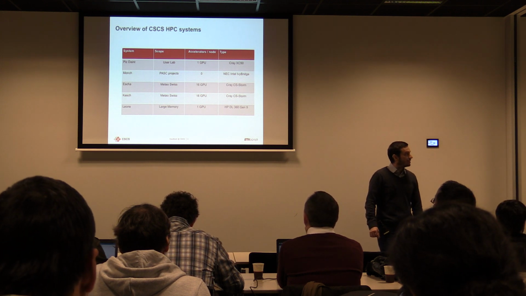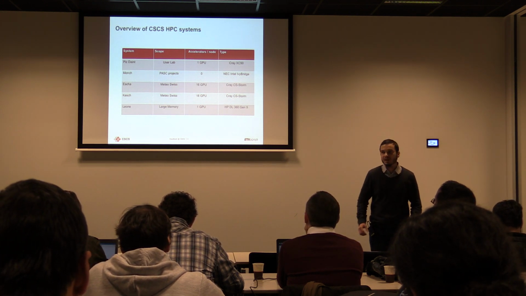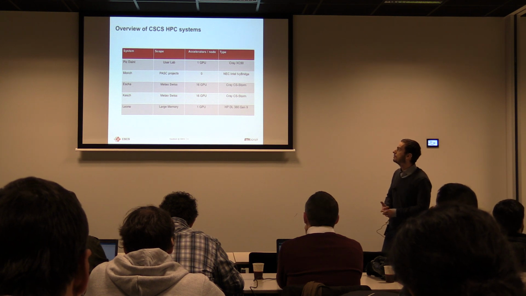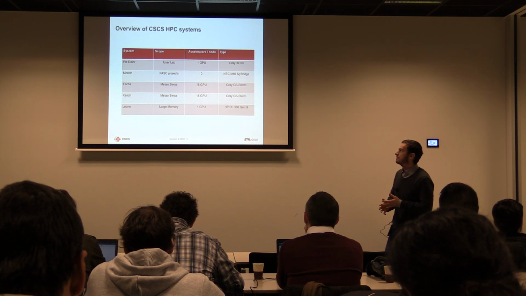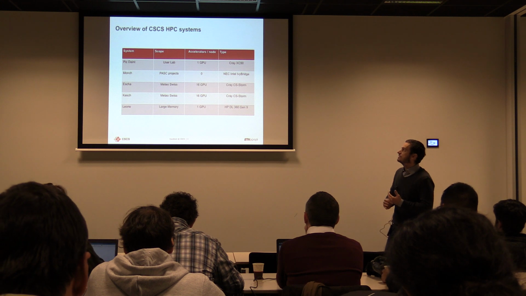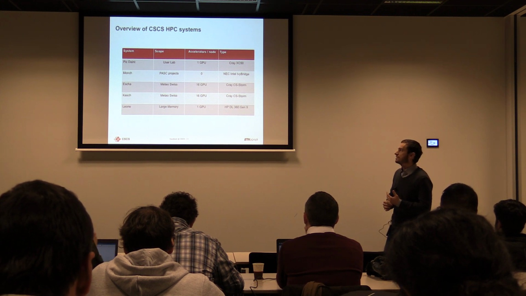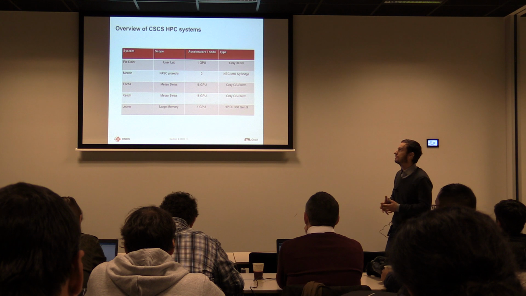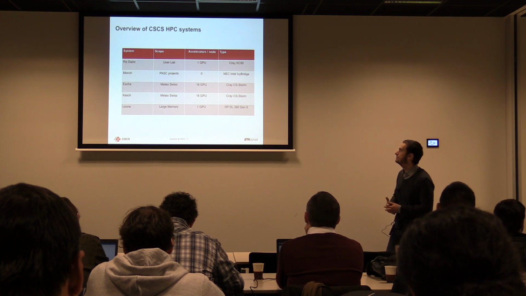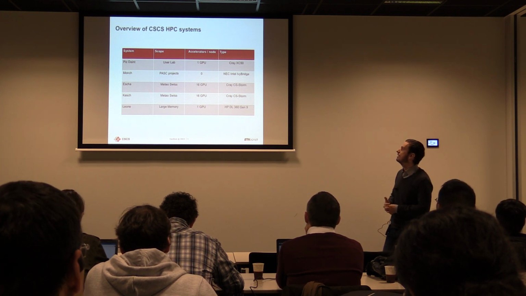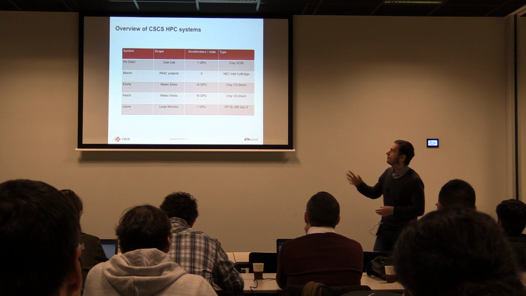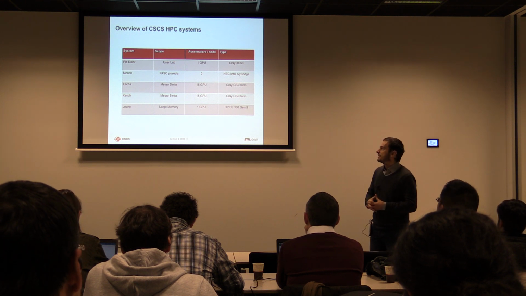Just to have an overview of the systems that we have at CSCS and the scope. So our flagship system is Pezzi. It's a hybrid, heterogeneous system, with one partition with accelerators, so GPUs, and one partition with only Broadwell compute nodes. Then we have Monk, which is specifically for projects.